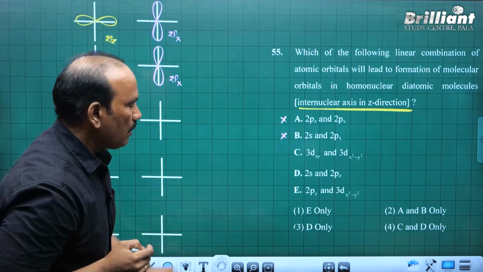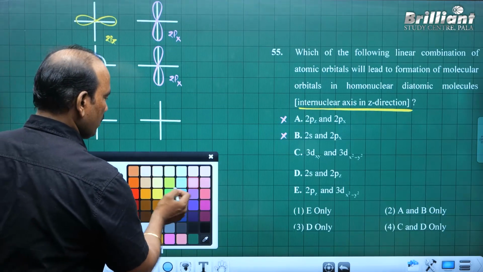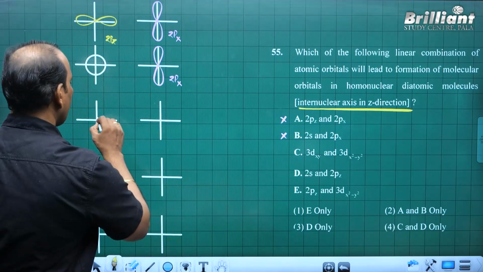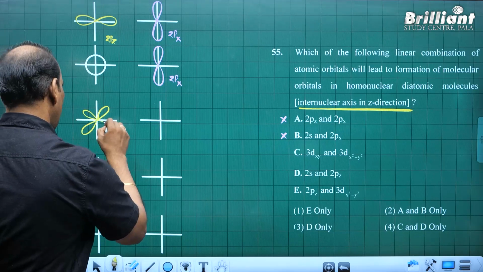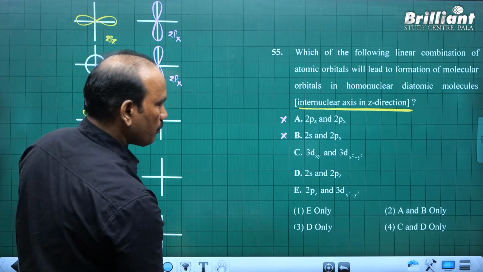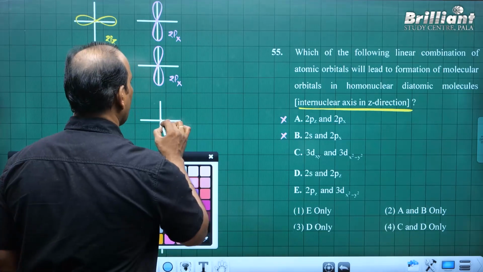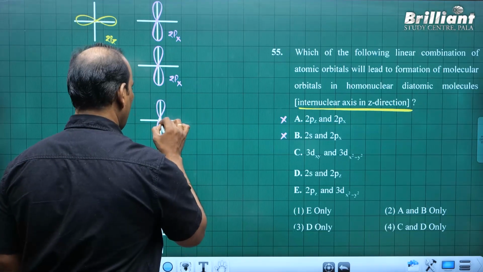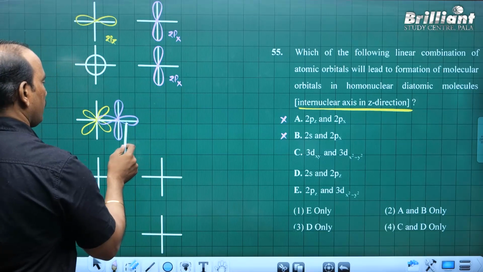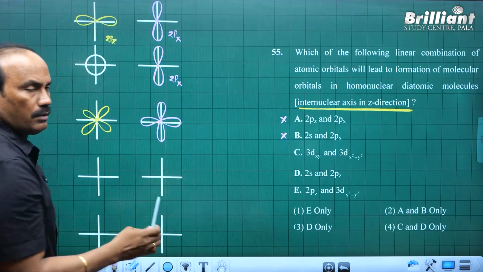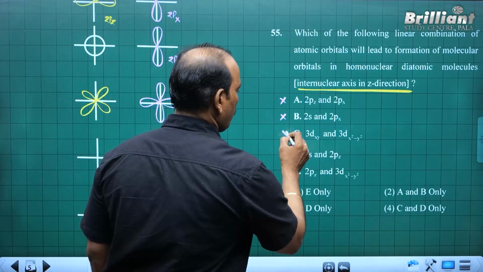Next one is dxy. xy is nothing but in between the axis. Next one is x square minus y square along the axis. Then this also is not possible. Then zero overlapping. Clear? So this also is wrong.